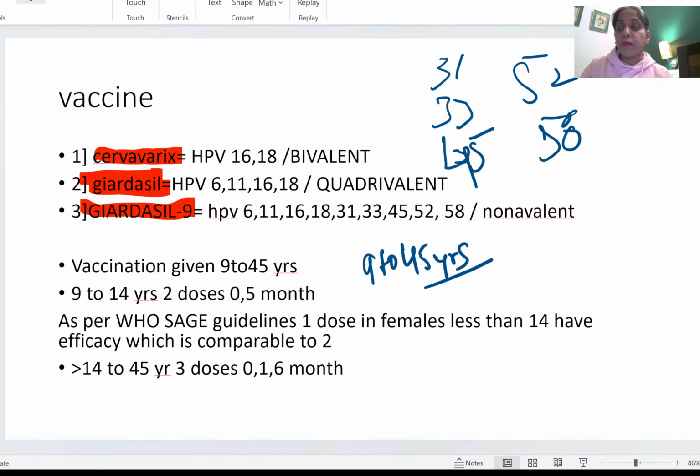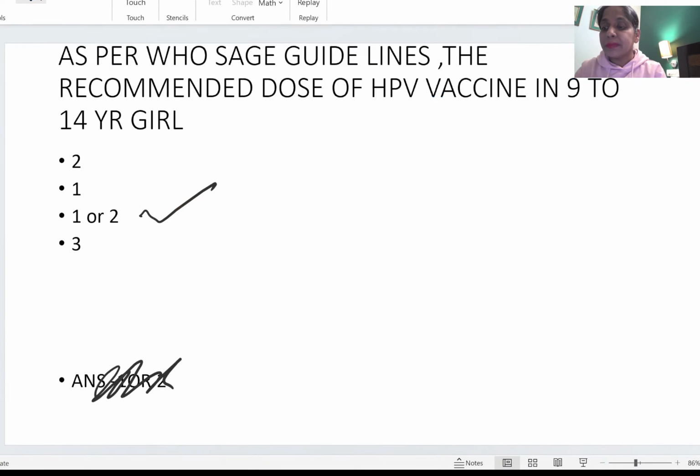Okay. So WHO did a study and found that if only one dose is given, then the immunity is comparable to that of girls who take 2 doses. That is why last time this question came, 1 or 2.